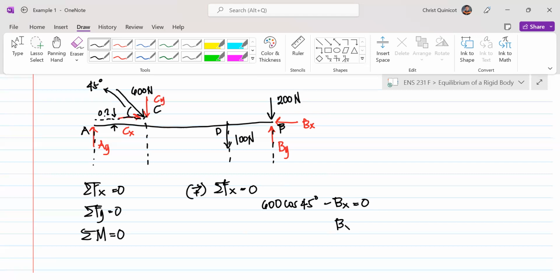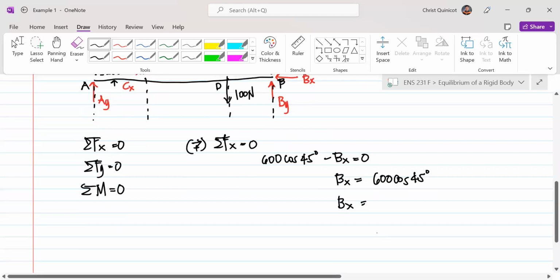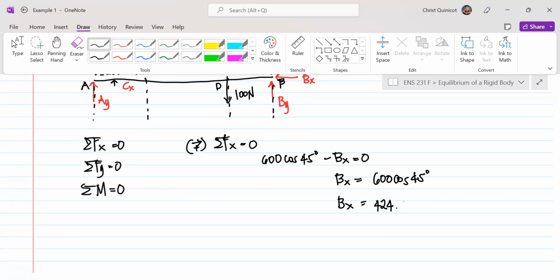Therefore, B sub x is equal to 600 cosine 45 degrees, which is 424.2640687 Newton. So that is our horizontal component at pin B.